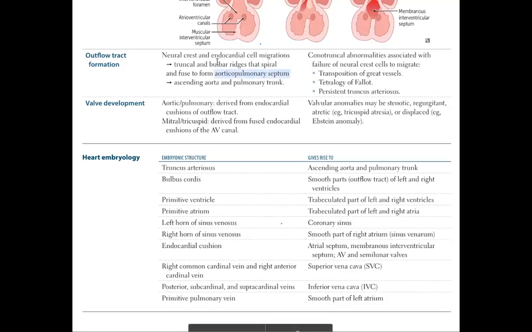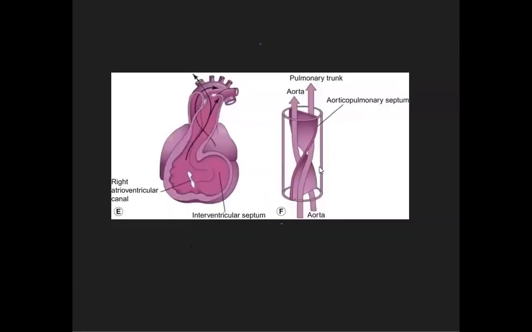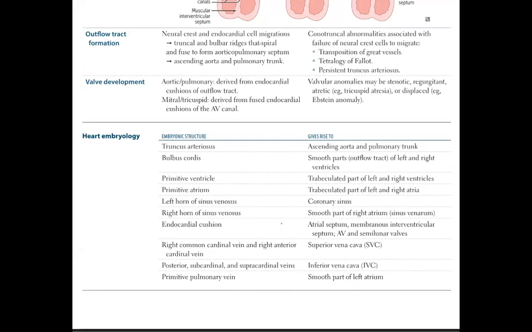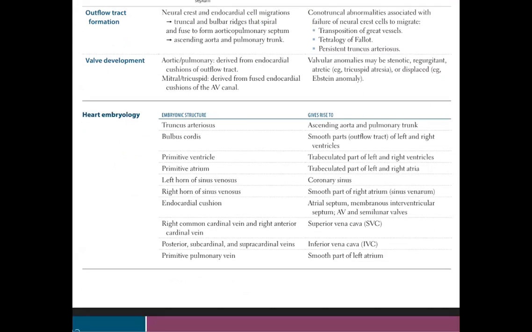Aorticopulmonary septum: truncal and bulbar ridges that spiral and fuse to form the aorticopulmonary septum, just as I showed you in this picture. Then valve development and heart embryology. It seemed very little, 2 pages, but now I think you will grasp a good concept.